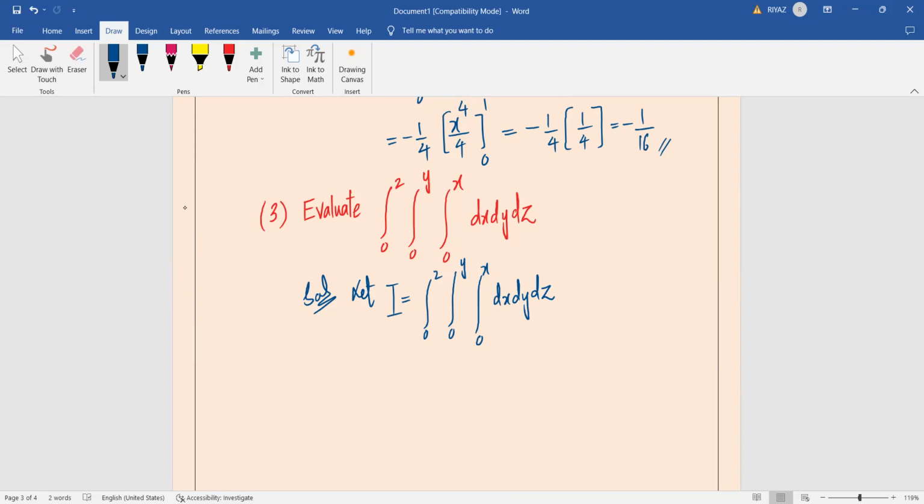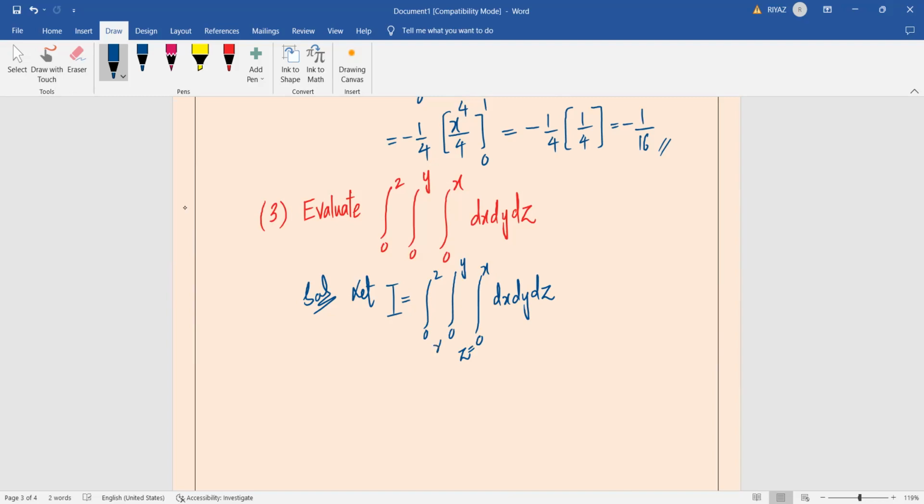The first limit is 0 to x, so it may be the limits of y or maybe z. The second limit is in terms of y, so it is either for x limits or z limits. So what we have to do is assume in any way. I am assuming, choice is yours, that this is the z limit.